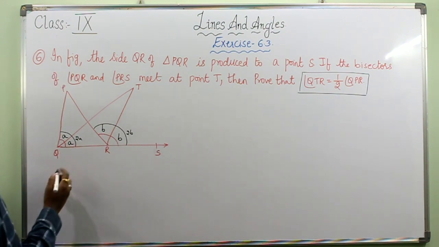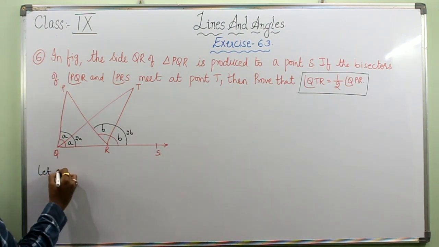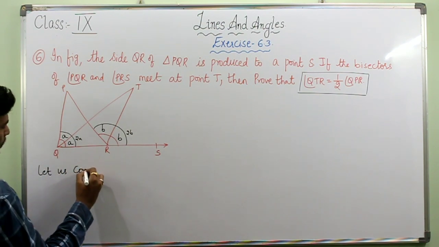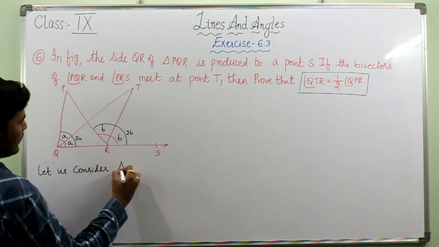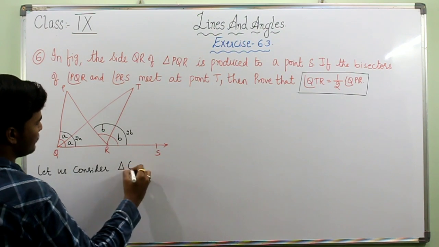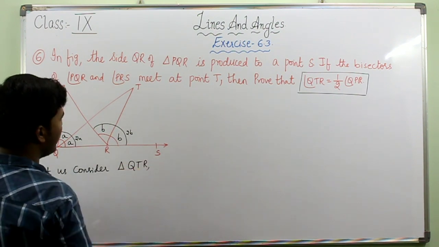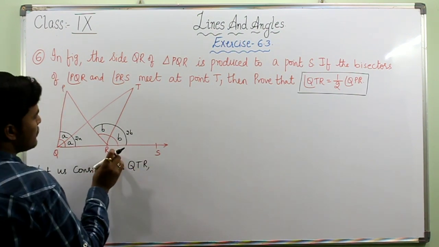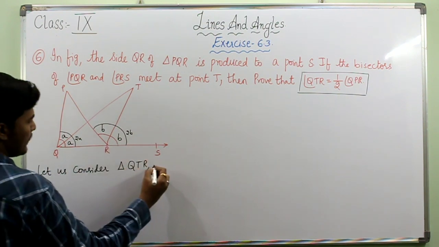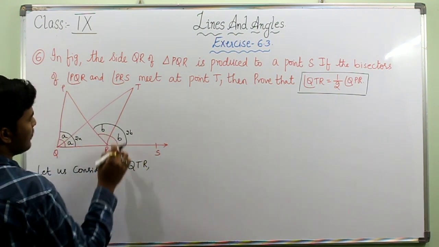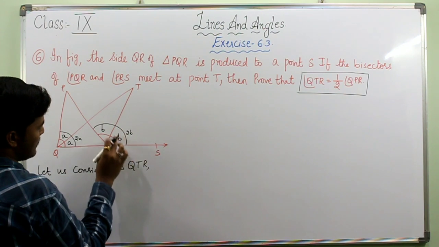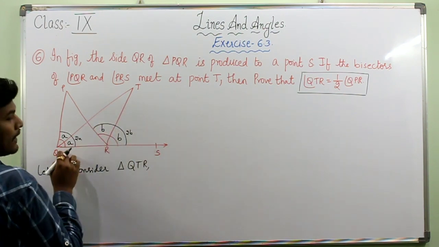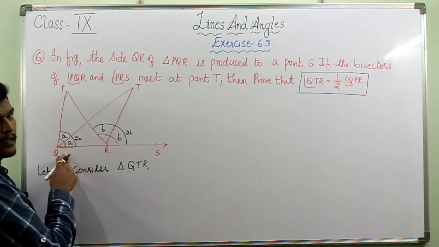Now let us consider triangle QTR. Here, by using the exterior angle property, that is, the exterior angle is equal to the sum of the interior opposite angles, right?